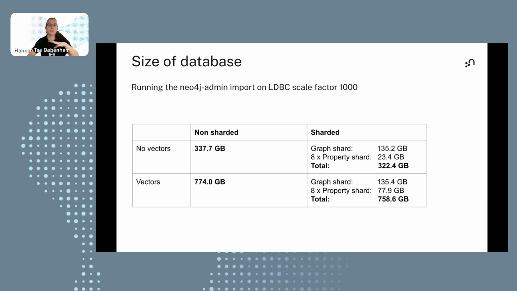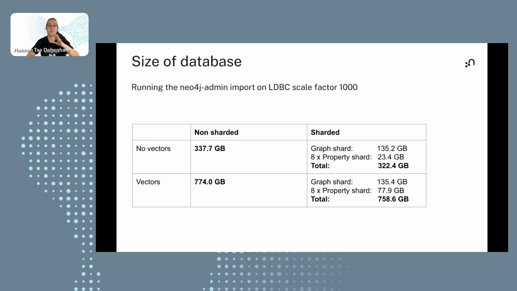Now, if we look at the size of the dumps with this added vector property and index, we can see that this doubles the size of the non-sharded database from 338 to 774 gigabytes, which is bigger. But on the other hand, when we look at the sharded dumps, although the property shards have tripled in size from 23 to 78 gigabytes each, because they have both a property and an index that are stored on the shards, the graph shard has stayed at a stable size.